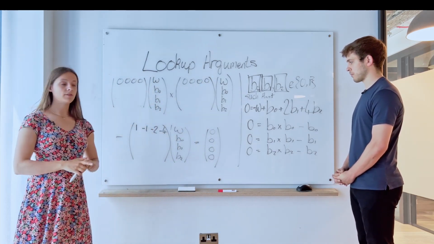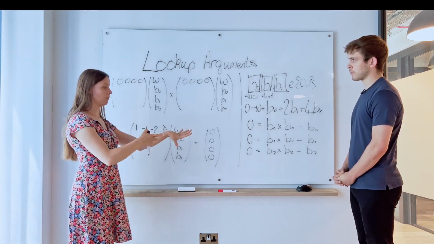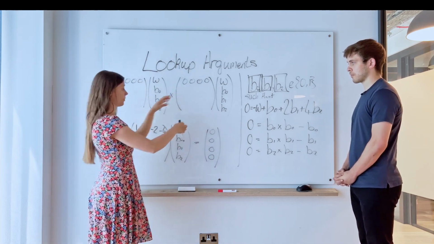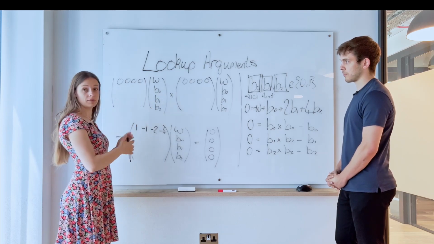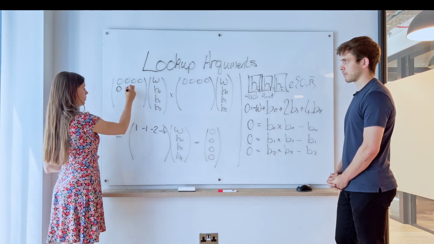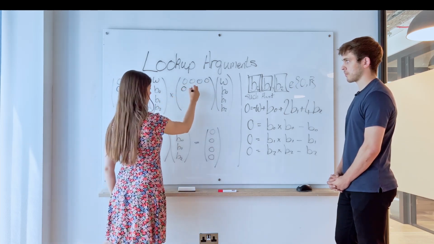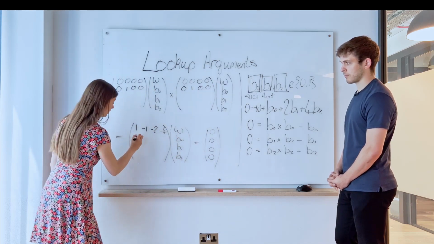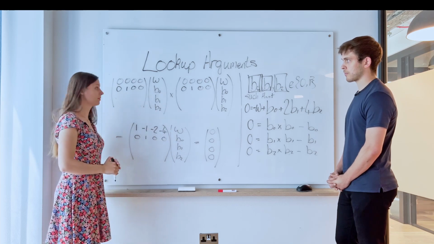For our next constraint, we have to actually enforce a binary constraint on B0, and this is a multiplication constraint. So we're working up here, and what we need to do is select out the B0 from each of these matrices. That would be 0, 1, 0, 0 here, and the same here, 0, 1, 0, 0. Then we need to minus it off, so 0, 1, 0, 0 on the bottom matrix.